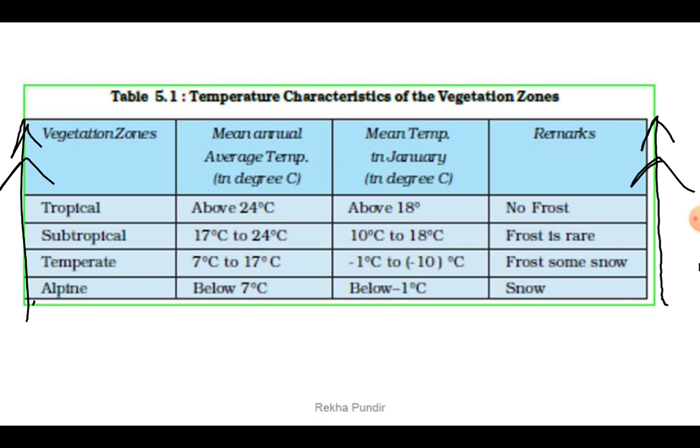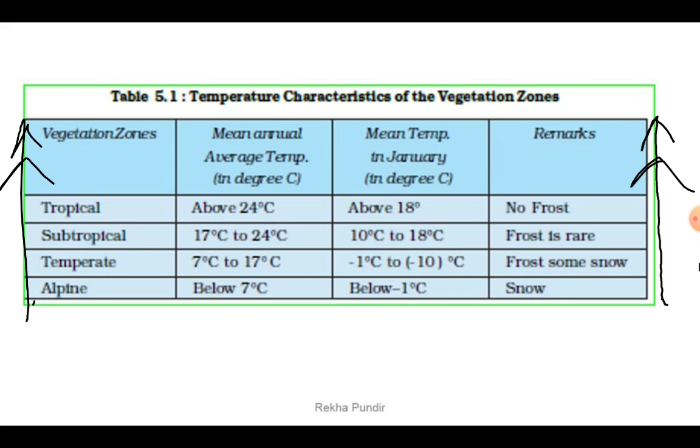In January, tropical is above 18 degrees Celsius, subtropical 10 to 18 degrees Celsius, temperate -1 to -10 degrees Celsius, and alpine we have just discussed. And here the most common thing is the snow.